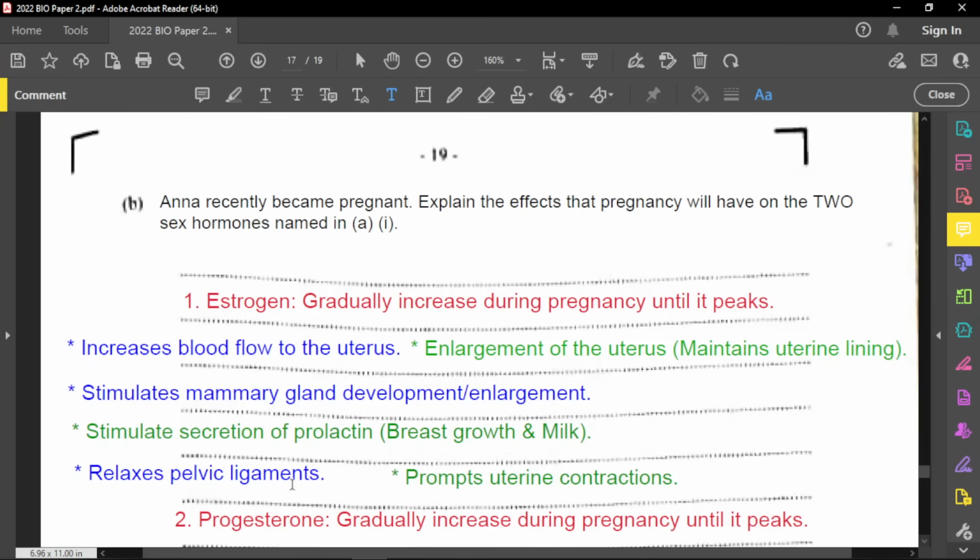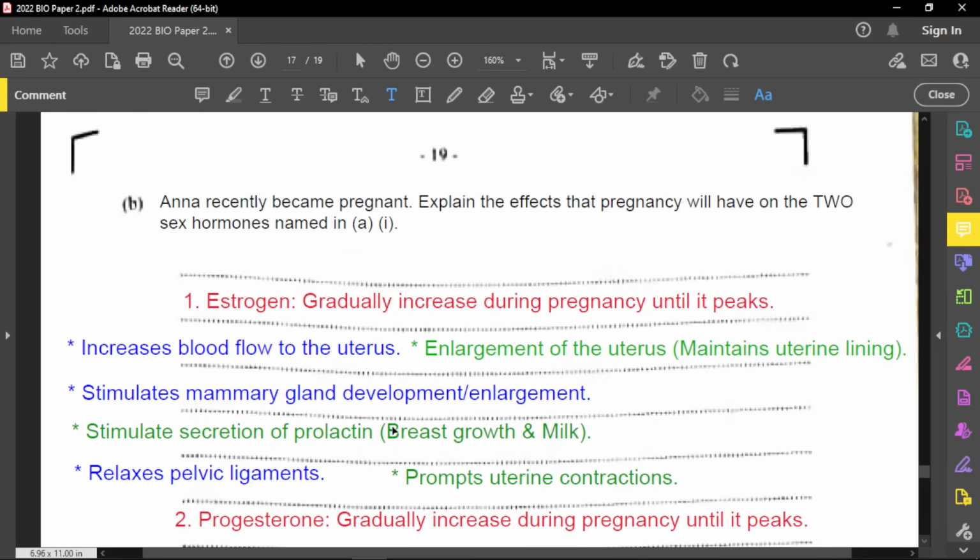Estrogen also relaxes the pelvic ligament, because the pelvic ligament must relax to accommodate that expansion of the uterus, and also to reduce pressure on the uterus itself and on the vaginal passage. Higher pressure will cause more stress on the urinary bladder and the uterus, and if that takes place, then you can have some problems.